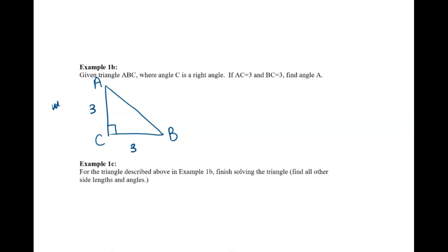Sure, but I'm not going to because we don't need to. We want to find angle A. So that's theta again. So now we have opposite and adjacent, so we will use tangent. So tangent of our theta, which is angle A, if you wanted to say tangent of A, you could, equals 3 over 3.